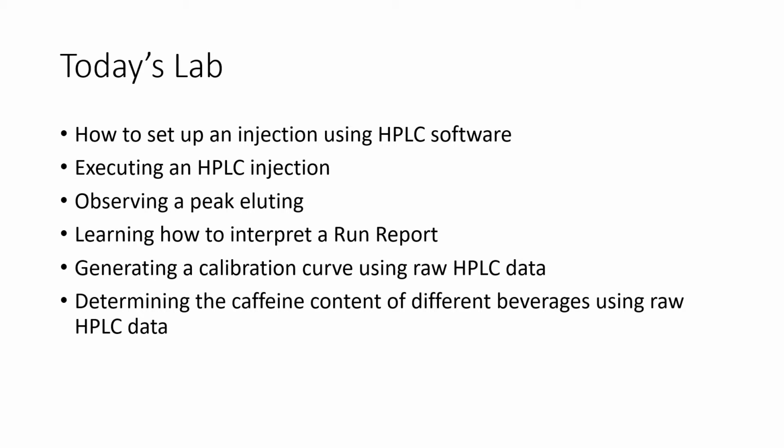And then you're going to be determining the caffeine content of different beverages using raw HPLC data. We'll be doing name brand cola, a store brand cola, instant coffee, and hot tea. We'll give you all the raw values for those different runs, and you'll calculate the caffeine content in each of those beverages.